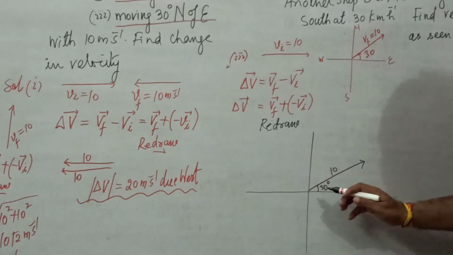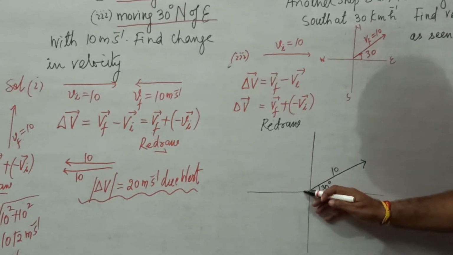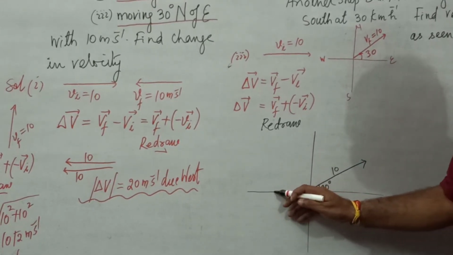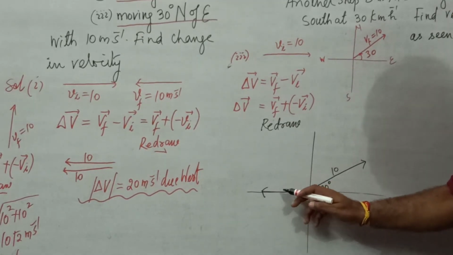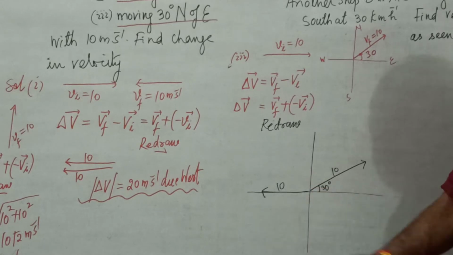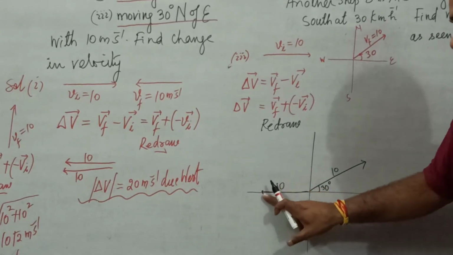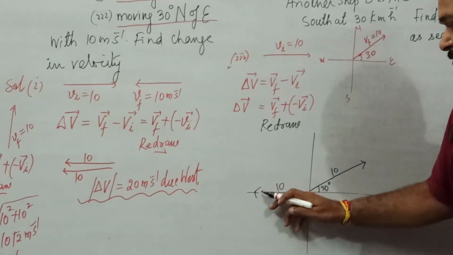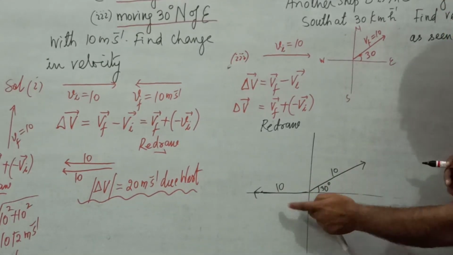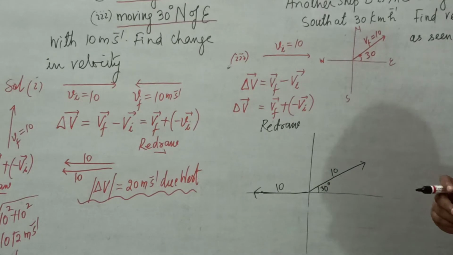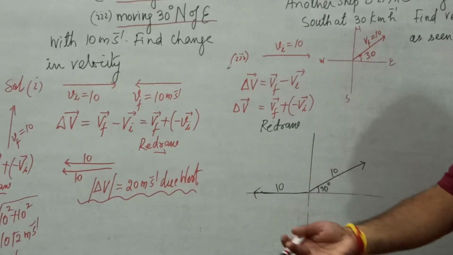Minus Vi would be due west. So this is minus Vi vector, and the value is as usual 10. So these are the two vectors of magnitude 10 each, which are to be added.